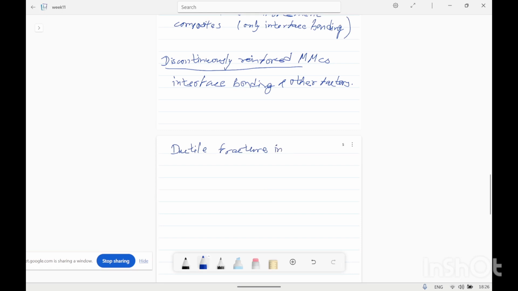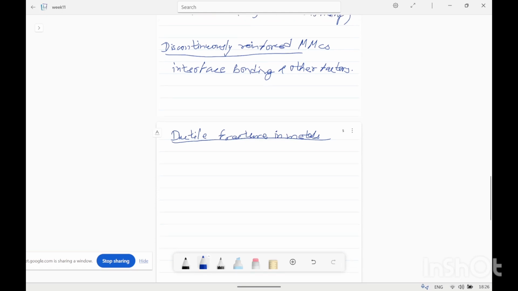In tensile loading, the subjected material will elongate, and after some time with elongation, a necking region will start to generate.